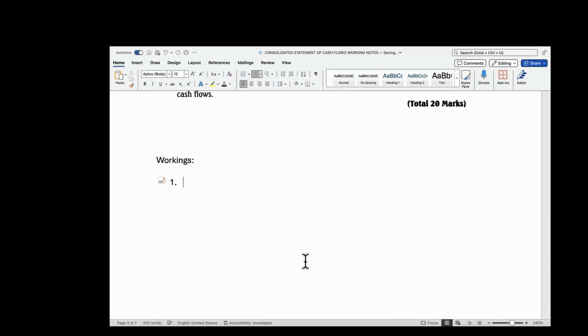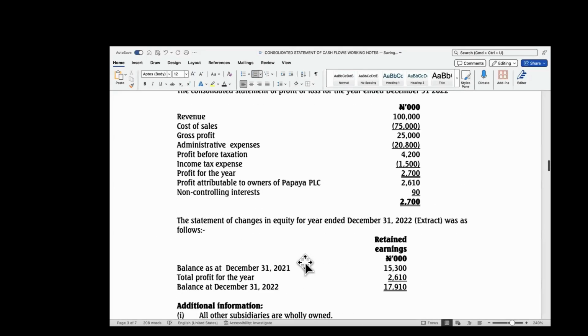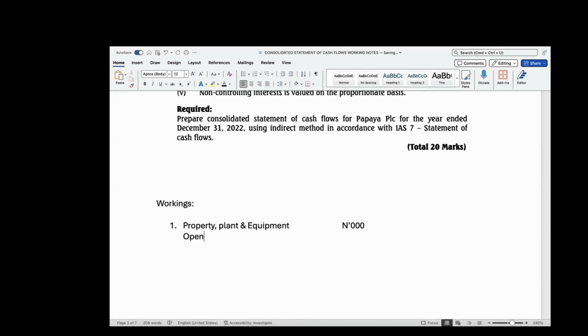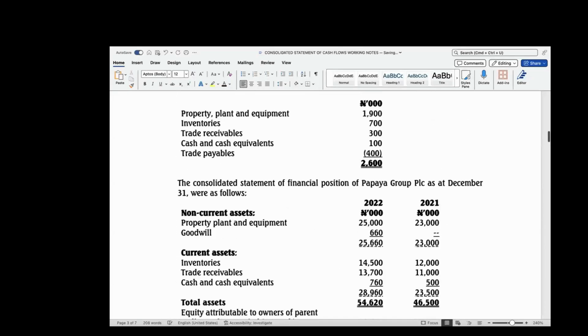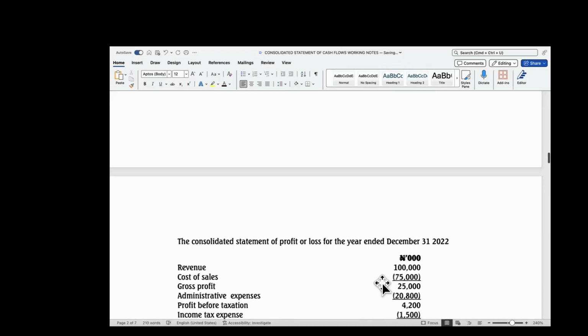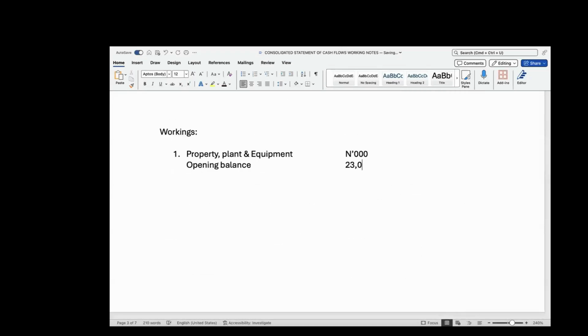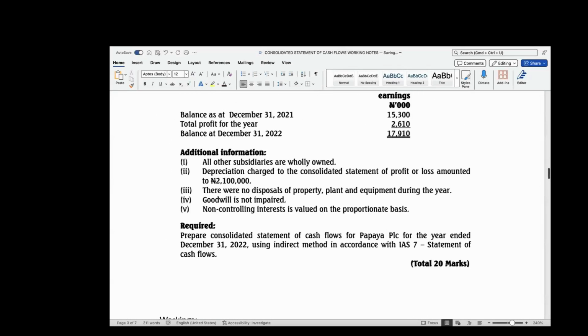So working 1, property, plant, and equipment. What's the level of rounding off? Think in thousands. So what's my opening balance? From the question, my opening balance is 23,000. And from the additional information, I was told that there was a subsidiary.